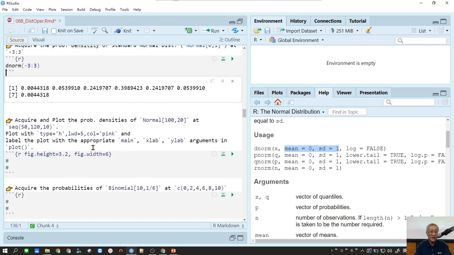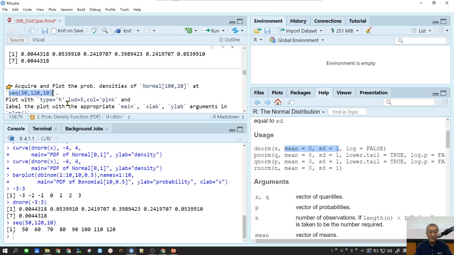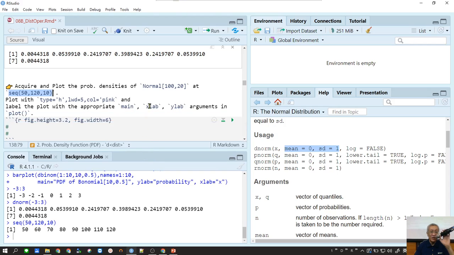Okay? So now let's do another exercise. This time, I want you to plot the probability density of a normal distribution with mean 100 and standard deviation 20. I want to know the density of this distribution at this point. So first of all, we get the value, right? How to do that?